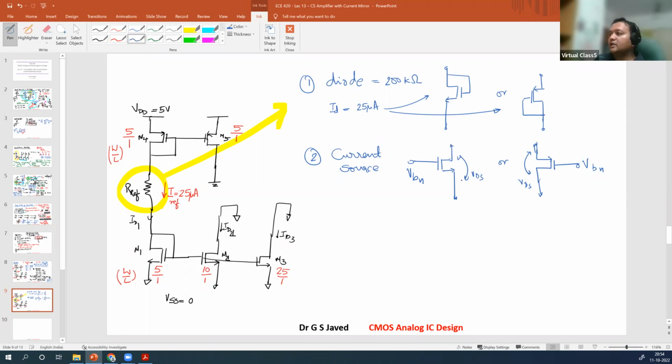How do you maintain that current? Your VGS control. VGS you control here, VGS you control here. So VGS minus VT, technically the VGS minus VT you control here, you will ensure a 25 microampere current. Why is VGS minus VT not an issue here? Because this is always the same. VDS is equal to VGS minus VT. In this case also you should ensure that it is in saturation.